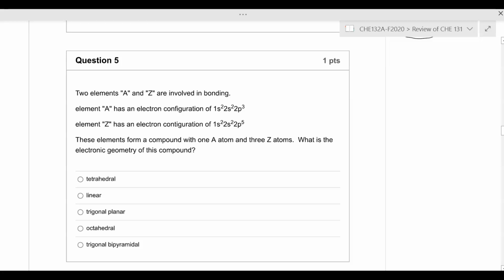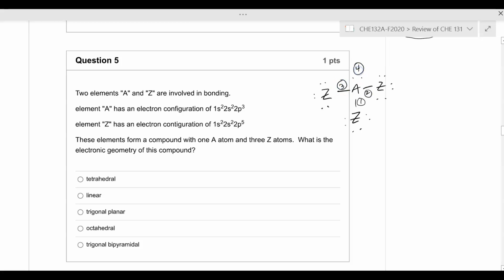All right, now building off that, we're asked about the electronic geometry. So we have A, Z, and yes, if you got the structure above wrong, you are probably going to miss this question too. That is true. So what we do to figure out the electronic geometry is we classify how many groups of electrons are around the central atom, and there's 1, 2, 3, and 4.